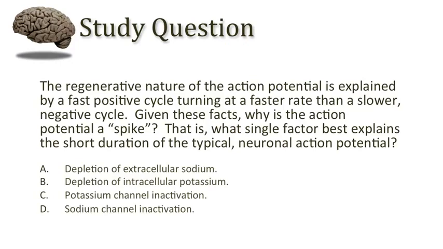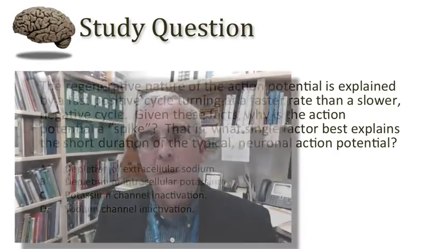And I want you to think about, why is the action potential a spike? That's sometimes the term that neurophysiologists use to describe the action potential. Which of these factors listed below do you think is the best explanation for the short duration of a typical neuronal action potential? Okay, I'll see you with the next tutorial.